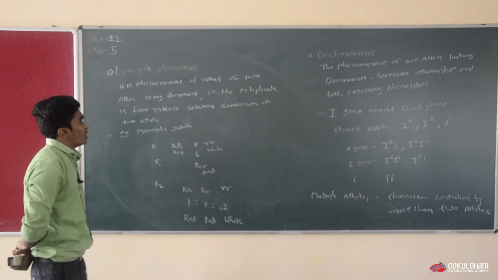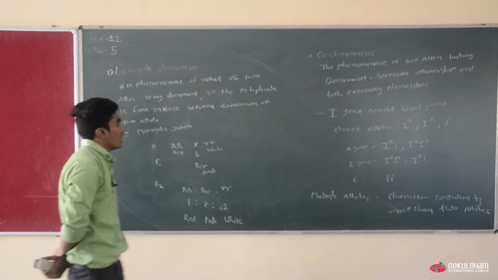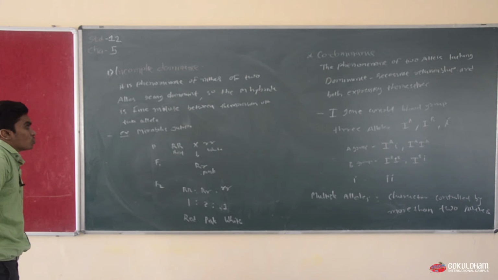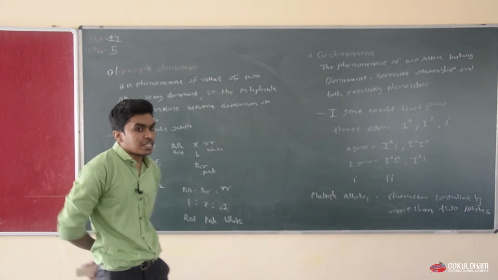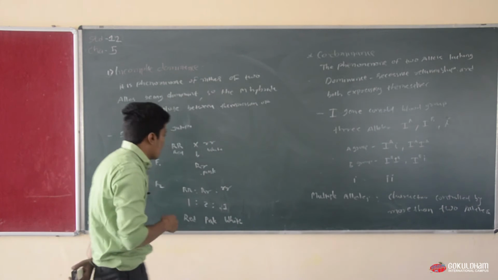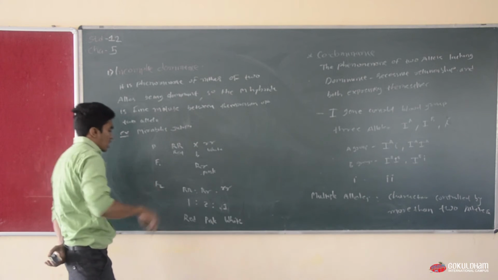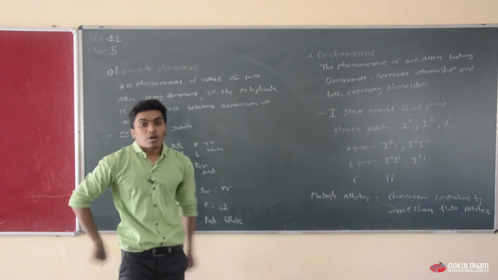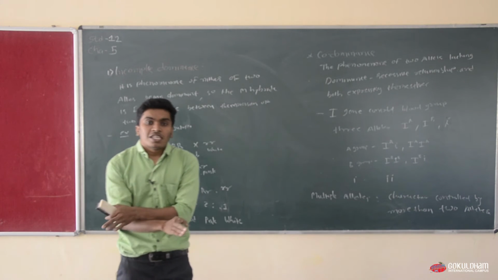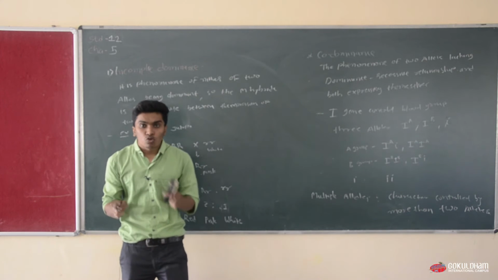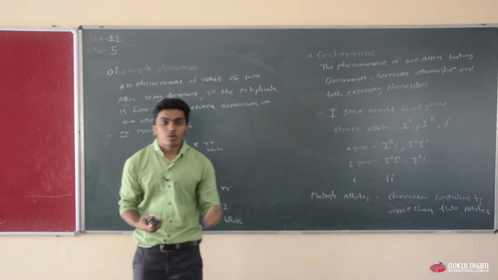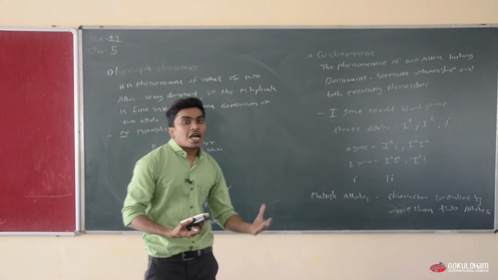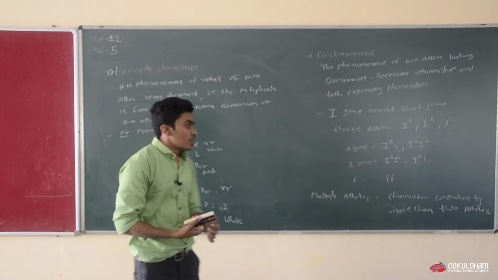It is a phenomenon of neither of two alleles being dominant, so the hybrid is a fine mixture between them, which means neither allele is capable of dominating, and the offspring produced is a hybrid of both the traits.